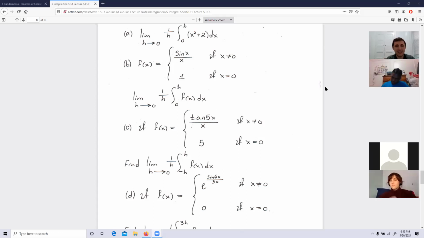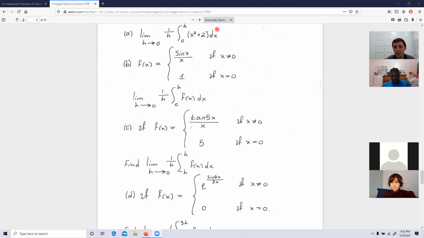What is this thing, guys? Well, look at it. Is something missing here? Okay, thank you, Sophia. Is something missing here? Well, look at it, guys. The interval is from minus h to h. So its length is h minus minus h, it's 2h.